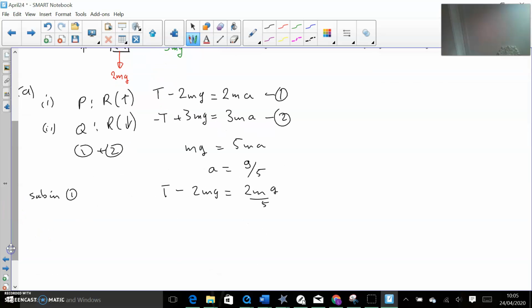So T will equal 2 2/5 mg, or 12 over 5 mg newtons. And A is in meters per second squared.